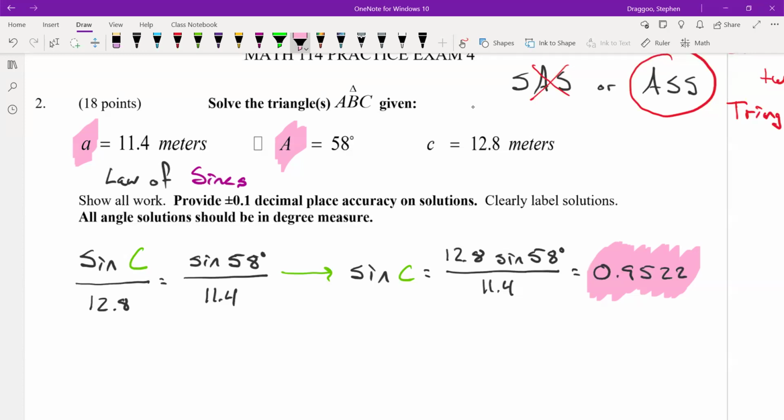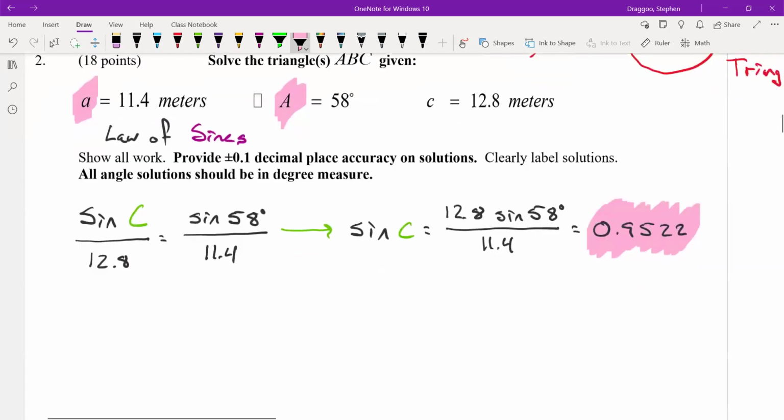There are two angles on the unit circle that solve this equation: a first quadrant angle and a second quadrant angle. In other words, an acute angle and an obtuse angle, both of which solve sine of C equals 0.9522.